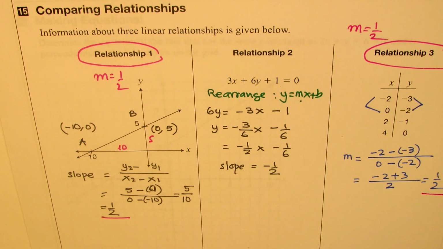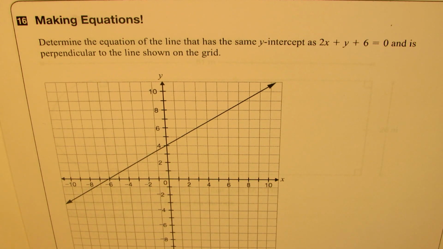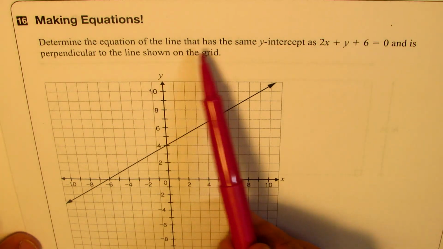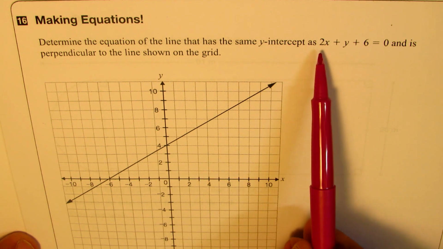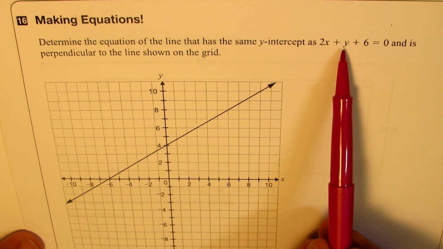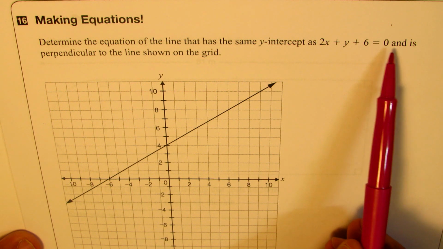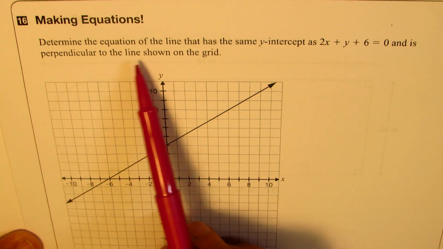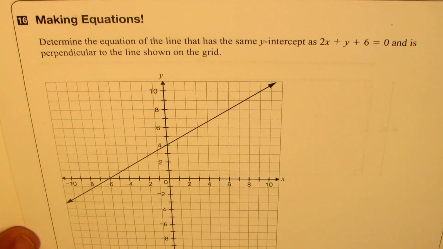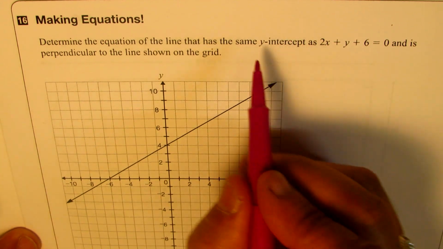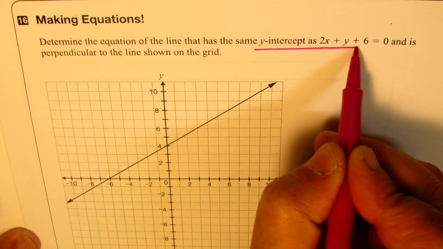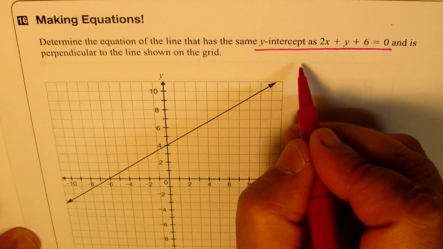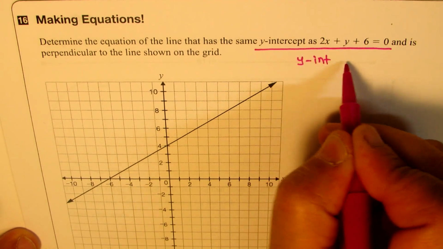Let's take the next question now. Question number 16. Determine the equation of a line that has the same y-intercept as 2x plus y plus 6 equals 0 and is perpendicular to the line shown on the grid. Okay, so let's find the y-intercept of the given line, right? So when I say y-intercept, it means what?